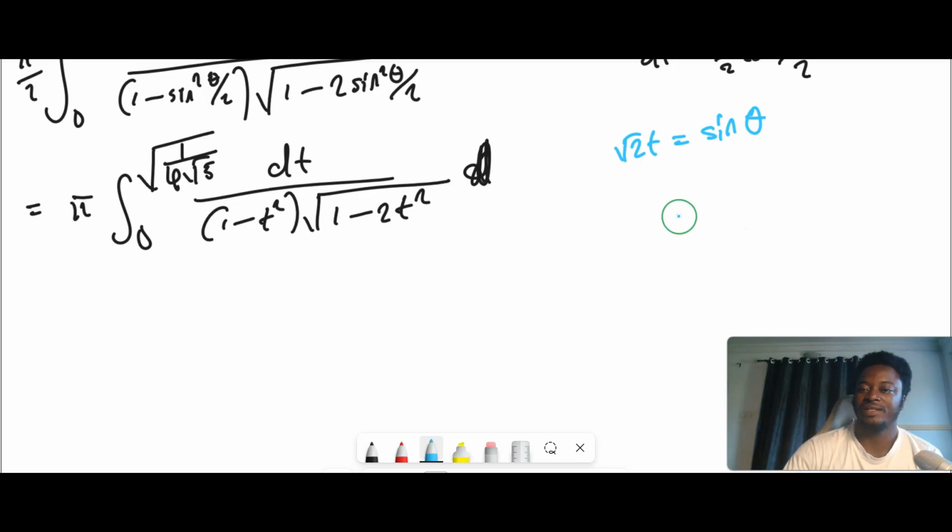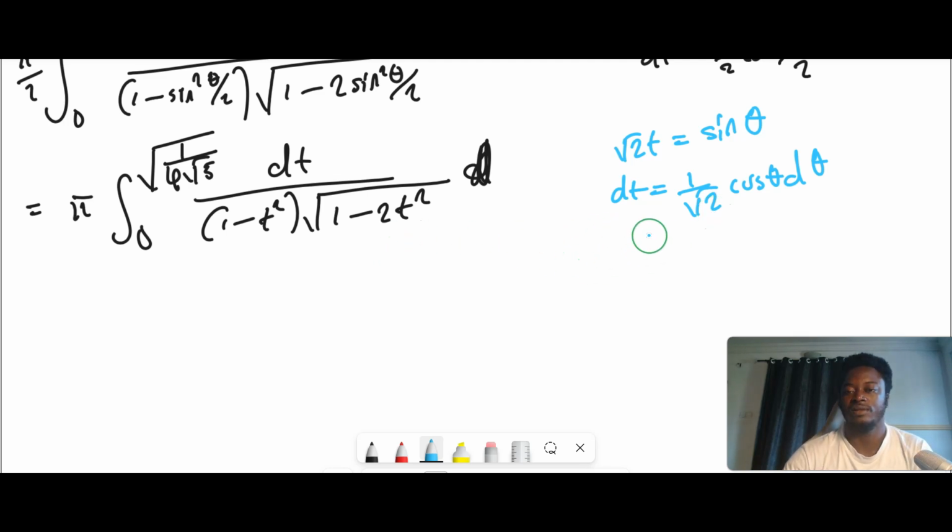That means dt would be 1 over square root of 2 times cosine theta d theta, right? Then what about the limits? Theta would have to be sine inverse of square root of 2t.